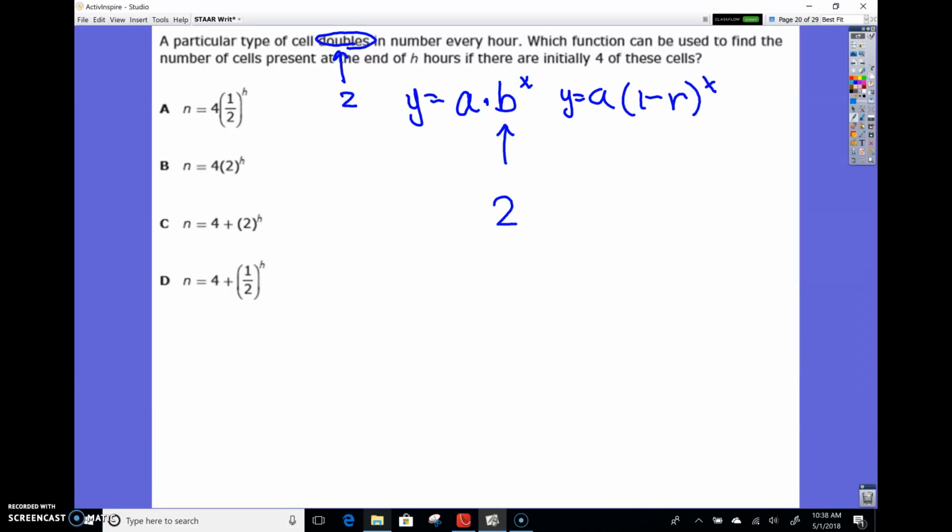Which function will be used to find the number of cells present at the end of h hours? So we're going to use h, initially 4.